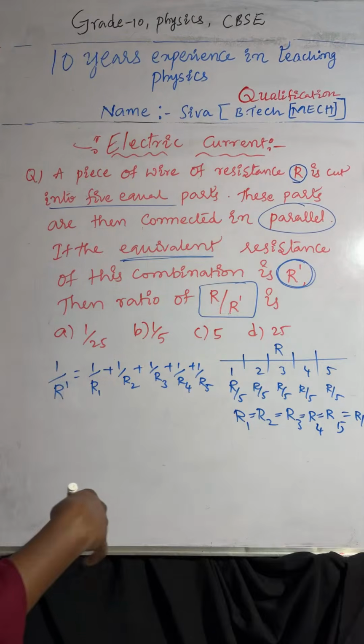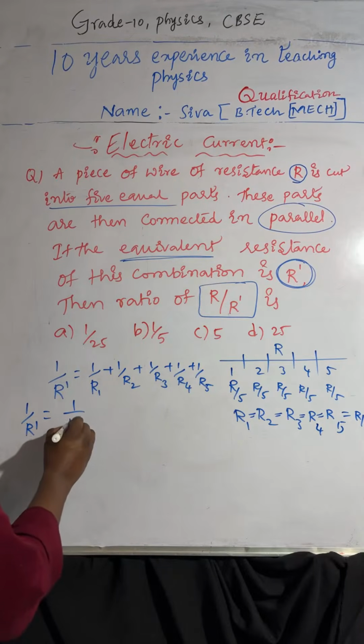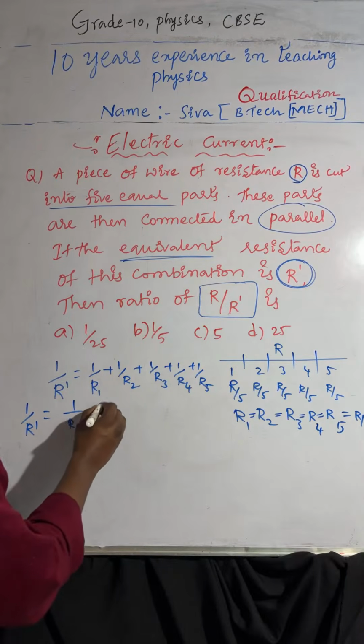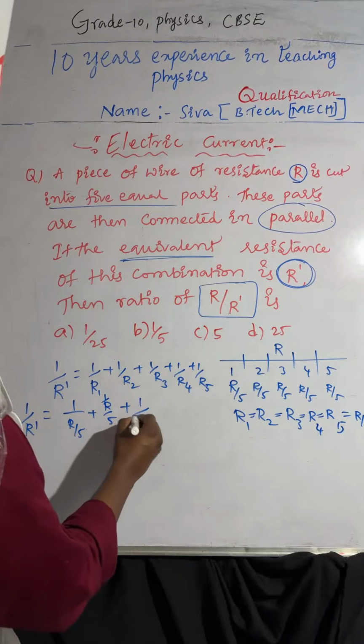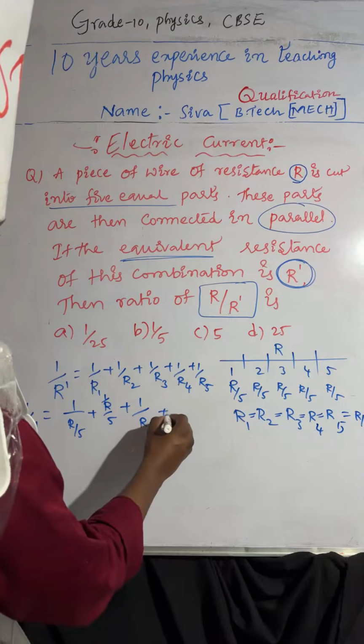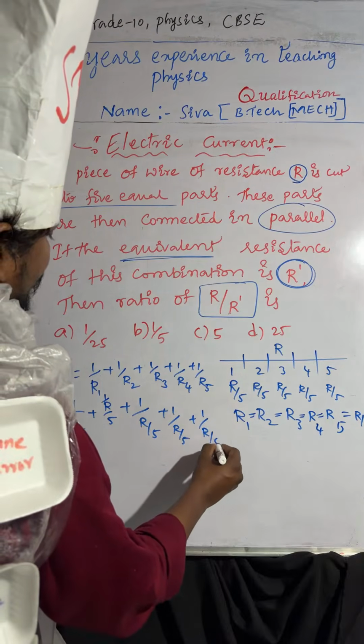So, R5. Then 1 by R dash equals 1 by R by 5 plus 1 by R by 5 plus 1 by R by 5 plus 1 by R by 5. Correct?